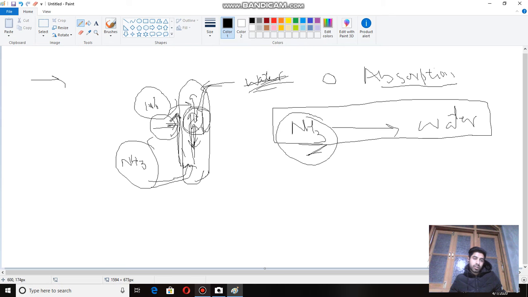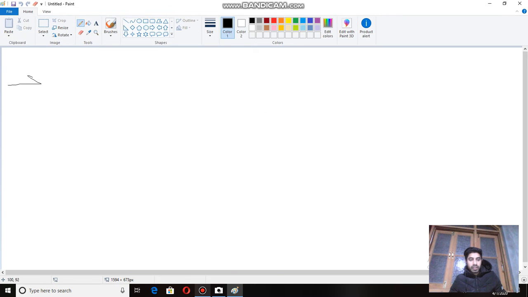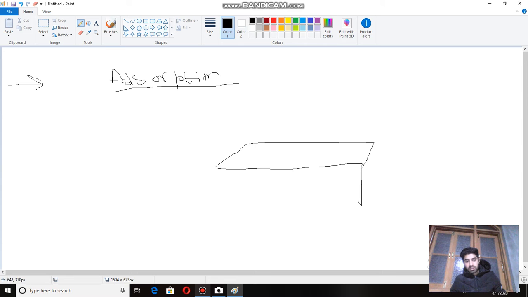Now let's talk of these in a bit detail. In adsorption, we saw two things. First, the surface on which the adsorption takes place and the foreign entities which are adsorbed on this surface.